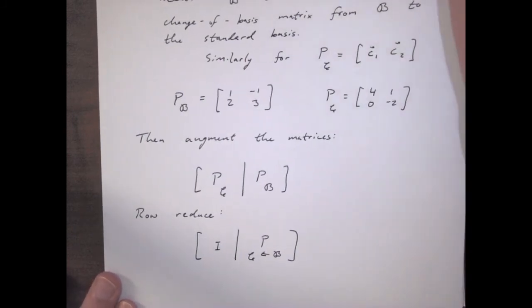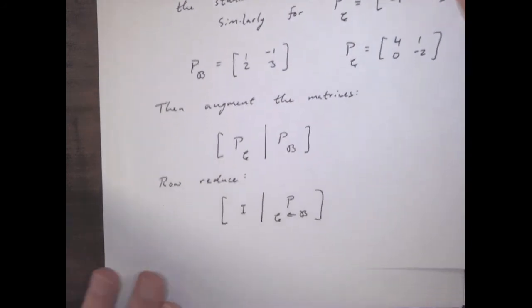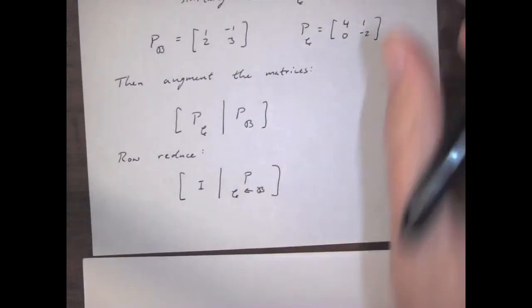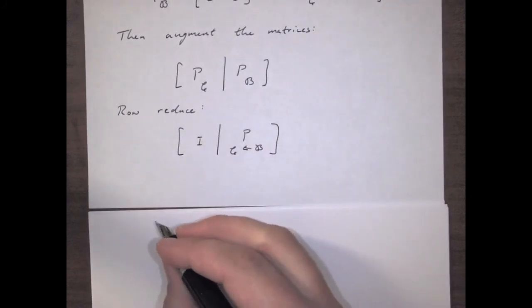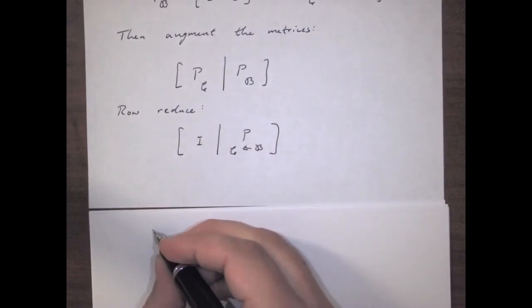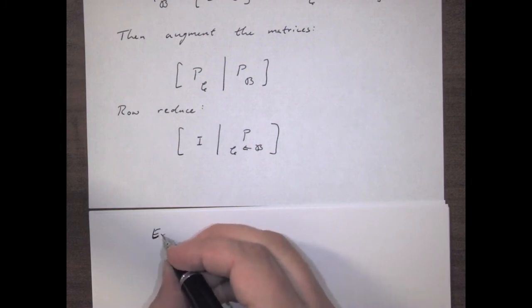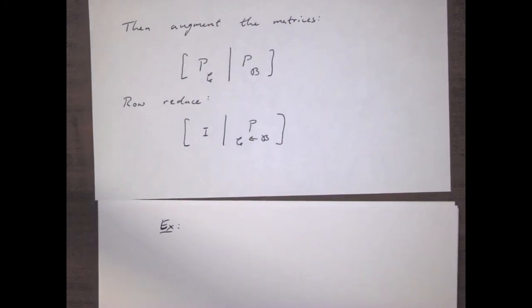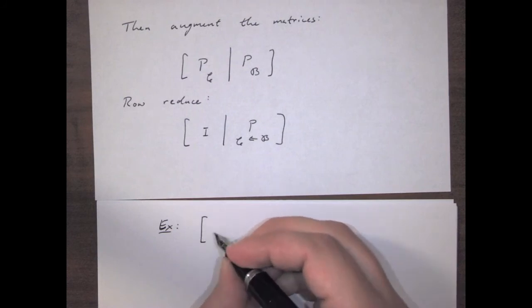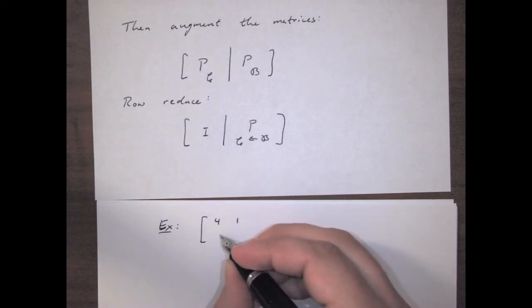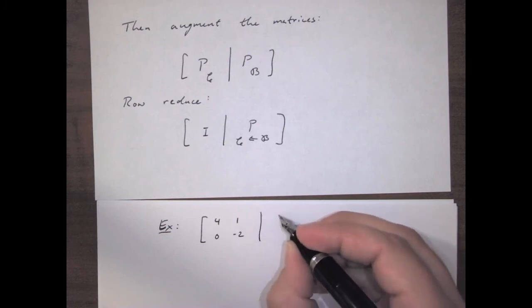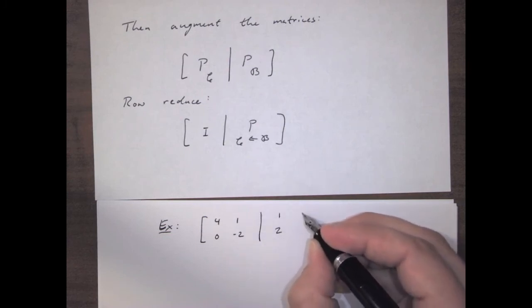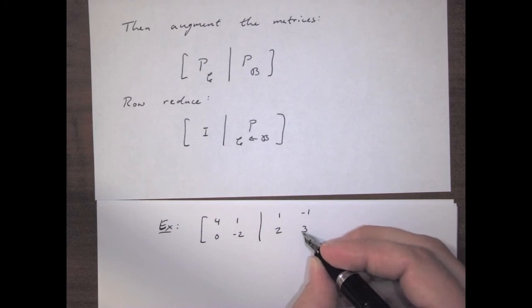Let's see this in action, and then we'll discuss why this is the approach. In the example, we would be looking at 4, 1, 0, -2 augmented by 1, 2, -1, 3.